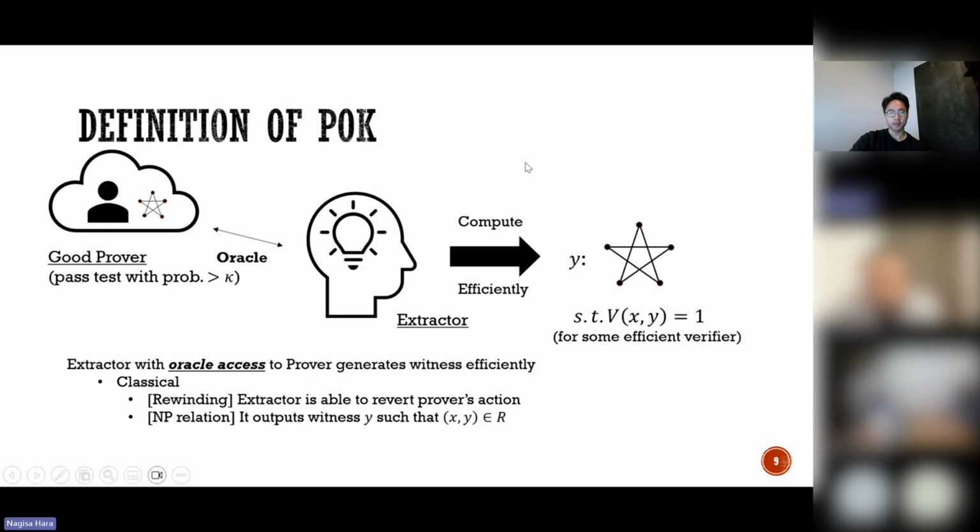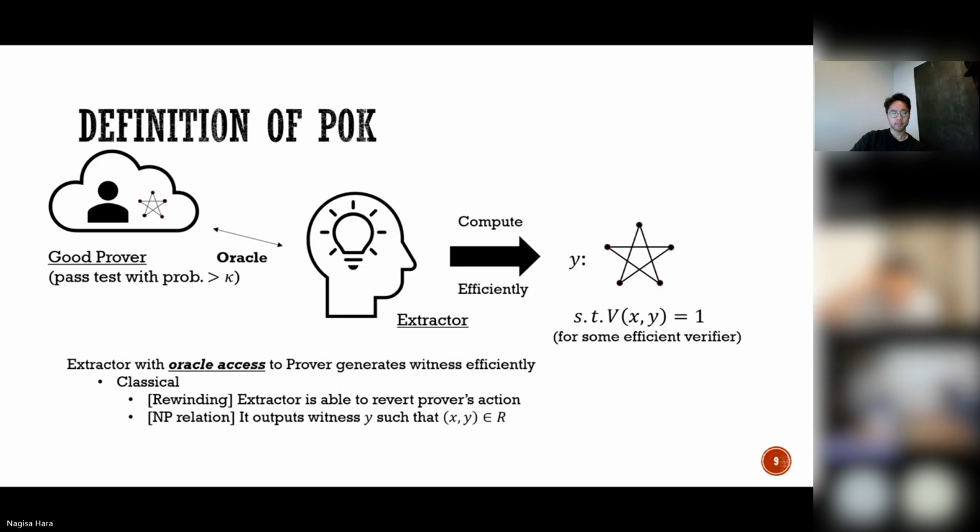Please interrupt me. Sorry, I just had a doubt: what is preventing the verifier from using the extractor to extract the witness? Is it that the prover is used as a subroutine in the extractor?